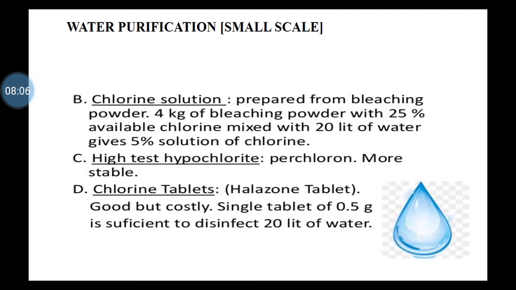One of the trade names is Halogen tablet, isn't it? It is good, but it is a little bit costly. So a single tablet of 0.5 gram is sufficient to disinfect 20 liters of water, isn't it? So the tablet that is available is of strength 0.5 gram, that is 500 milligram, that can purify 20 liters of water, isn't it?